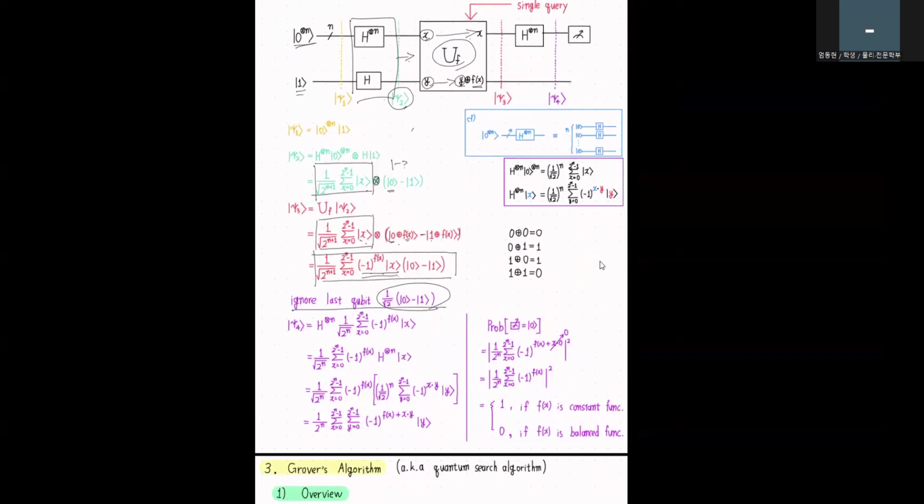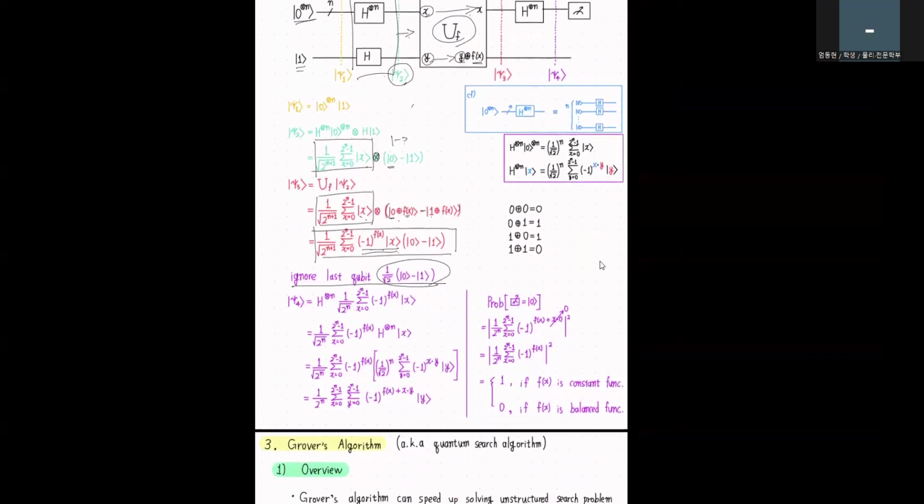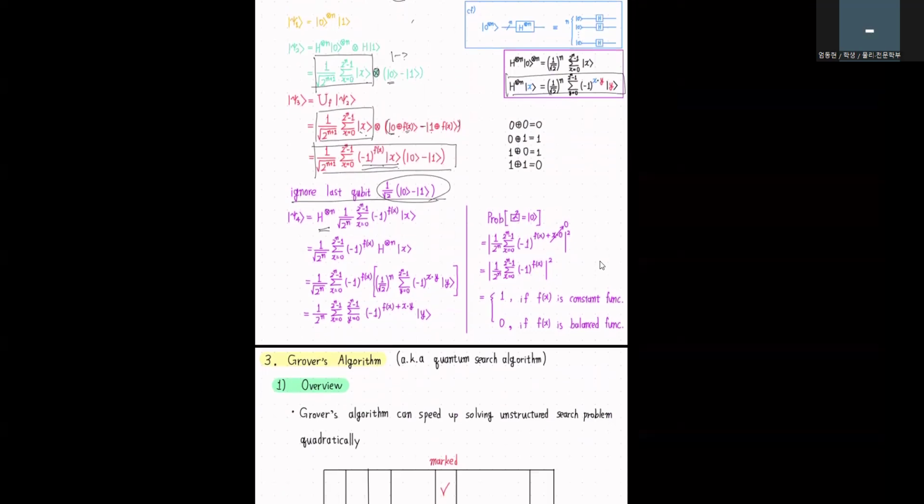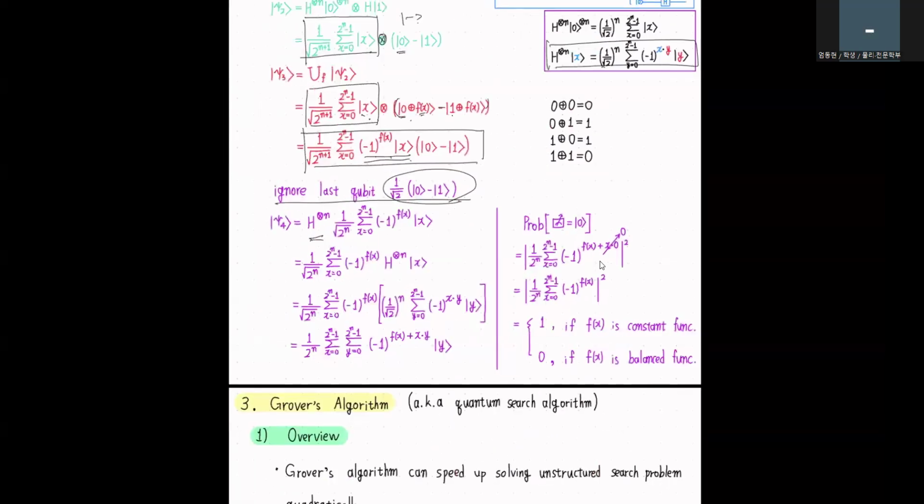So finally, we apply n Hadamard gates on the data qubits only, and we use this property over here. So ignoring the last qubit, we get this state. And using this property, we can rewrite this value in terms like so. And then we can combine this over here.